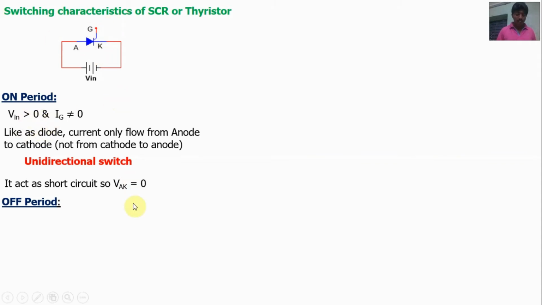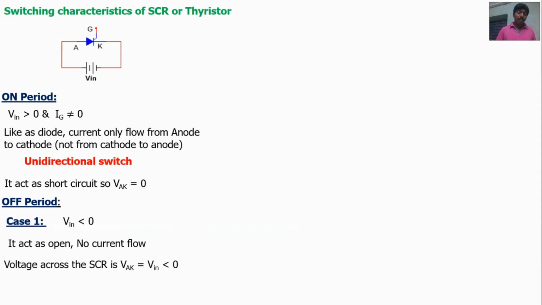First case, Vin being less than 0, but Ig may be positive or negative, any value. In this case the diode acts as open, does not conduct, so the voltage across the SCR is equal to Vin. Vin is negative, so the voltage across the SCR is negative for this case 1.